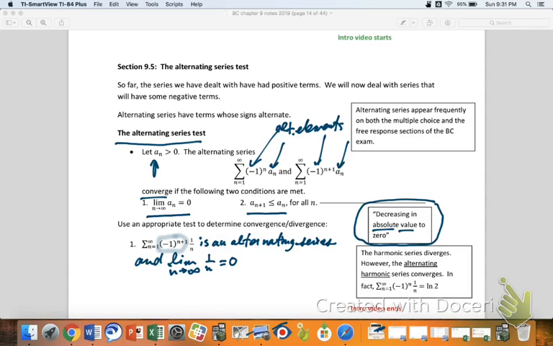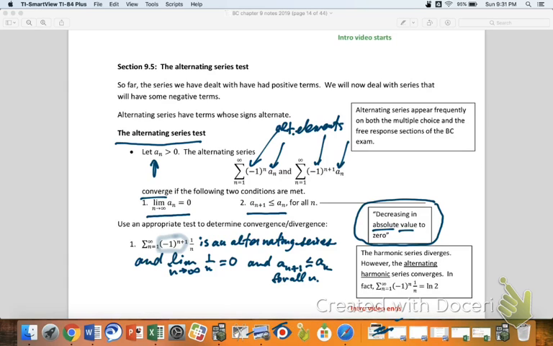And I want to recognize that a sub n plus 1 will actually be less than, but I'll put less than or equal to, to meet the condition, a sub n for all n.